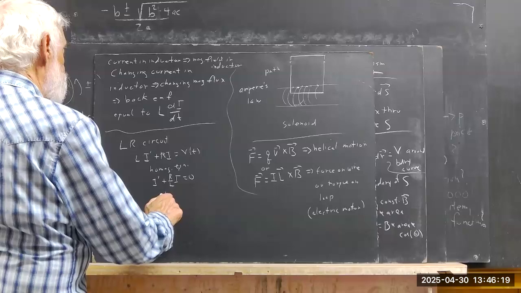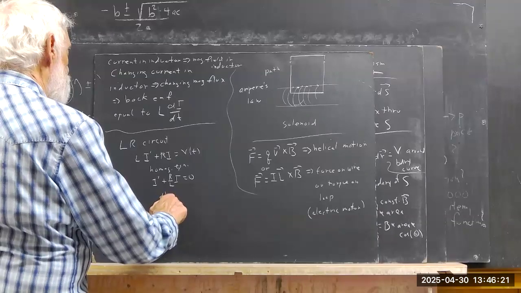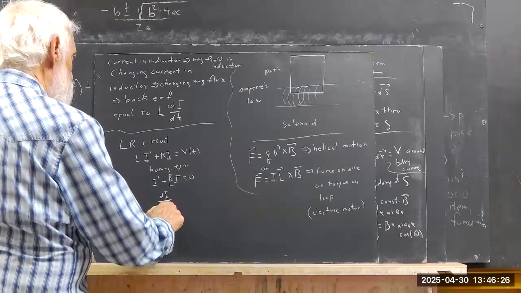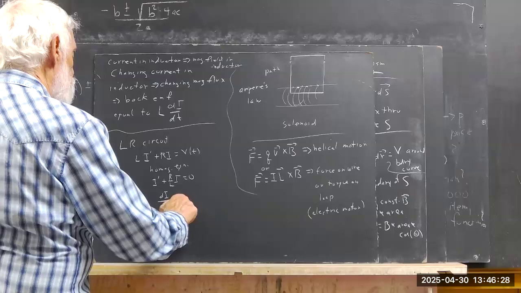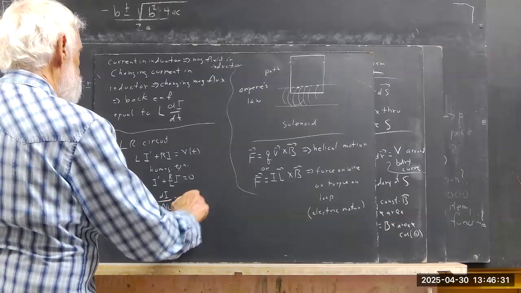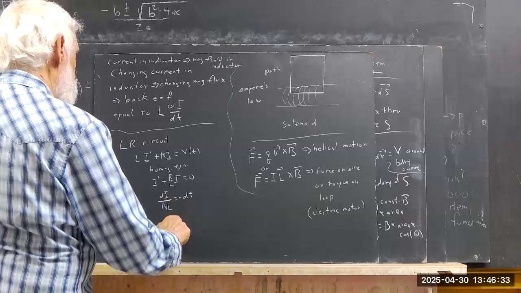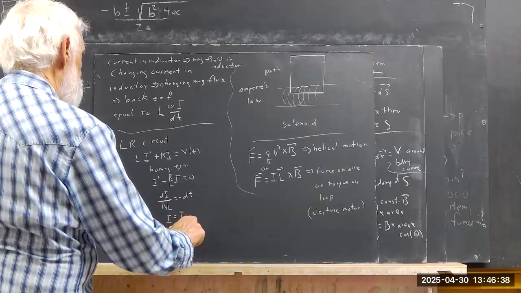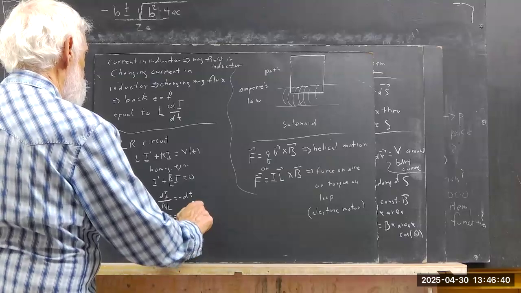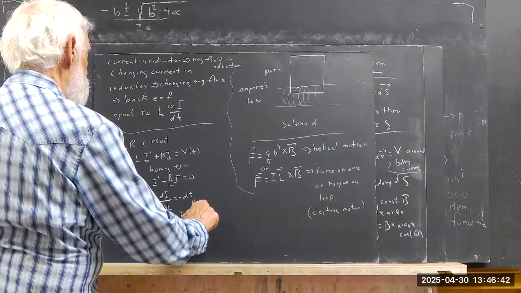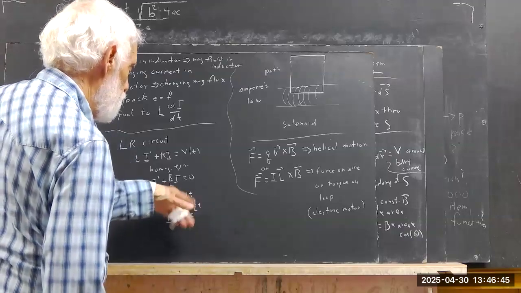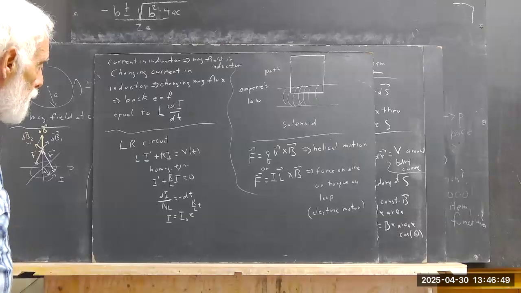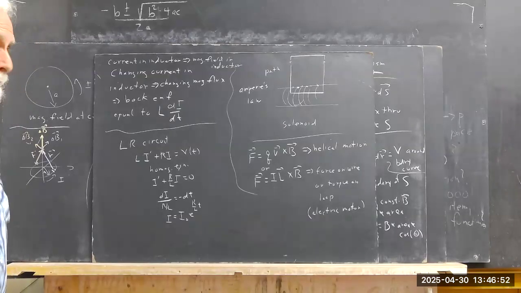You get dI divided by R over L equals negative dt. And you get I equals I naught e to the negative R over L t. R over L has units of reciprocal seconds.